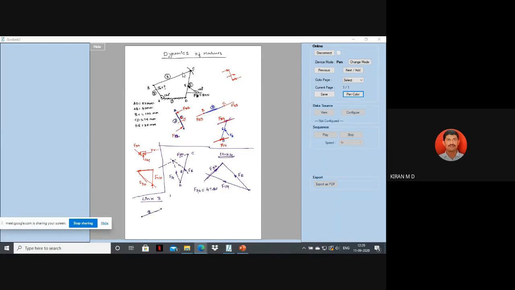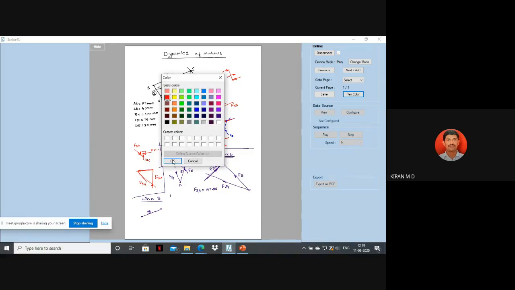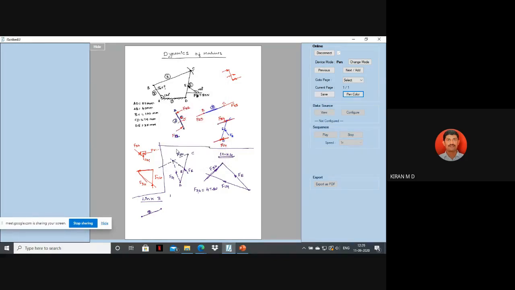This is link 3. From this link 3, this is one force and this is another force. It will always undergo two forces. This one is F43, the force acting from link 4 on link 3.